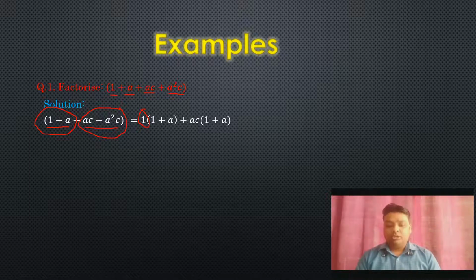The sign outside is plus, so we write a plus sign here also. Now what is common in AC and A square C? Here only 1A and here A square.